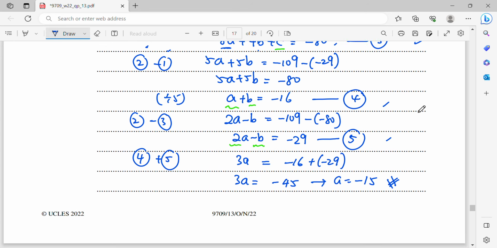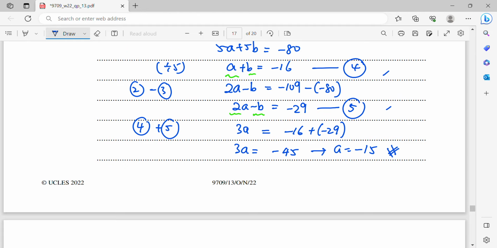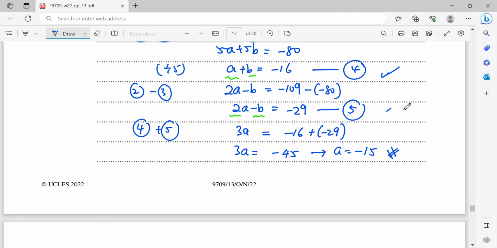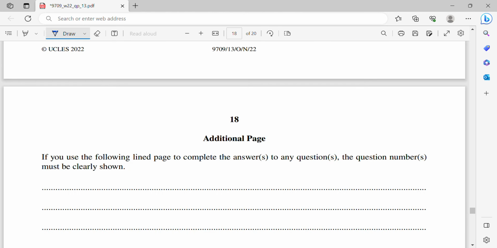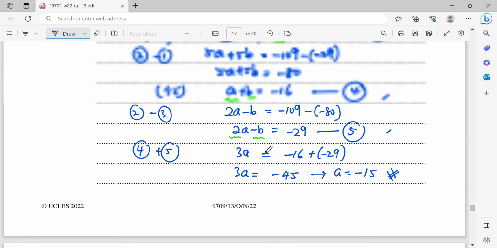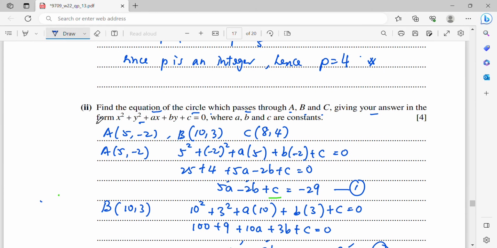Now, once you have found the a, to find the b, I may use the equation 4. So this is question 11, part 2.